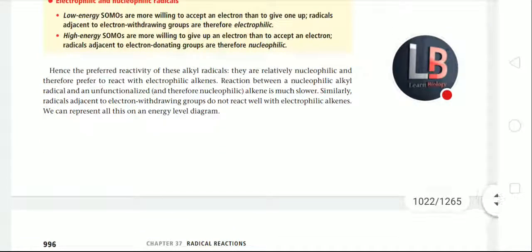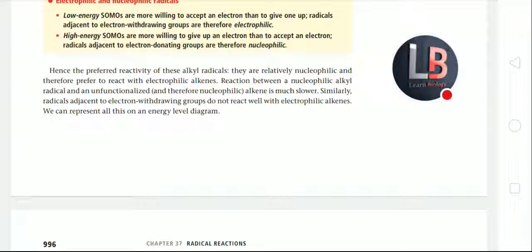Here, the alkyl radicals are relatively nucleophilic and therefore prefer to react with the electrophilic alkene. Reaction between the nucleophilic alkyl radical and an unfunctionalized, and therefore nucleophilic, alkene is much slower. Similarly, radicals adjacent to electron withdrawing groups do not react well with electrophilic alkenes.